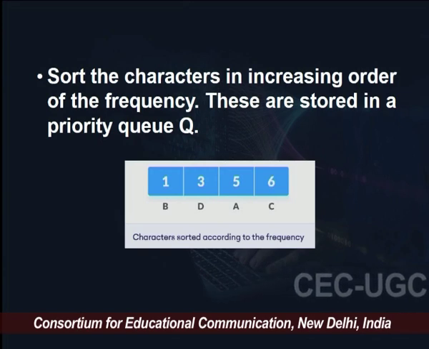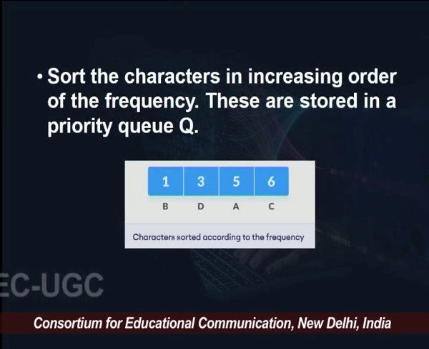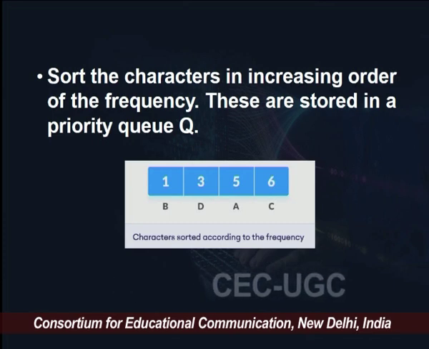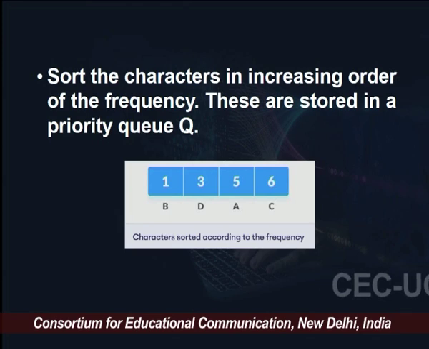Now what do we need to do? We need to sort the characters in increasing order of frequency. In increasing order, the frequencies are 1, 3, 5 and 6, which are the frequencies of B, D, A and C. So characters are sorted according to their frequencies.